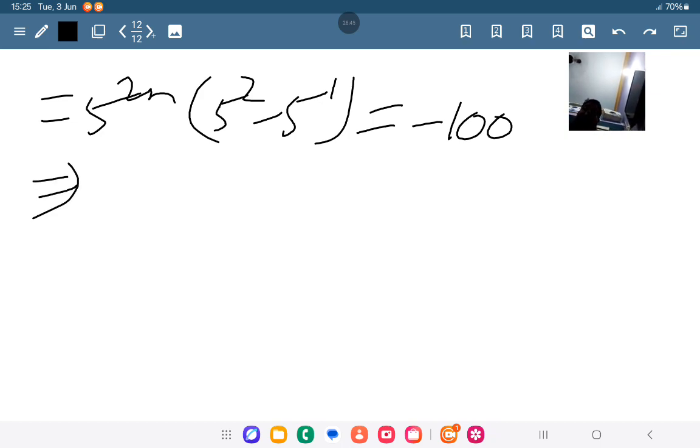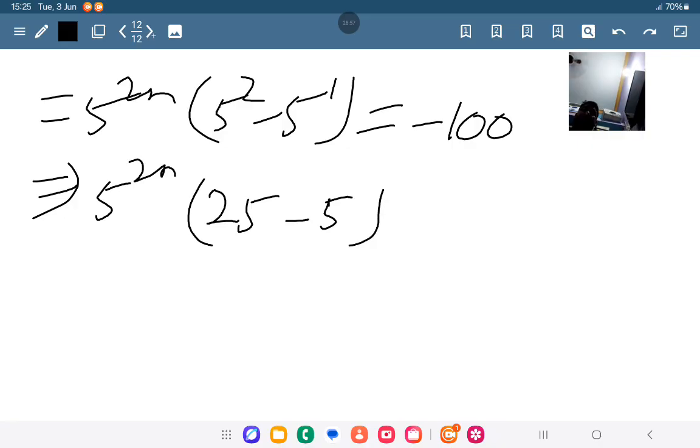That implies 5 to the power 2n into (25 minus 5) is equal to minus 100, minus 20.